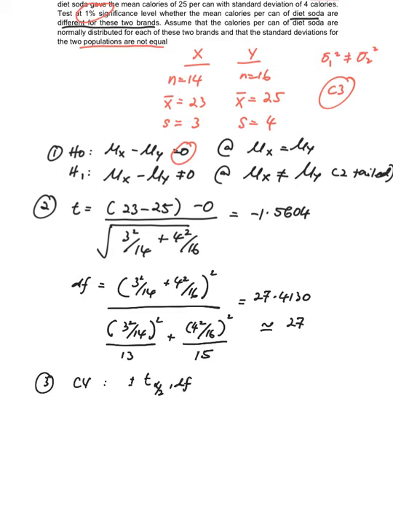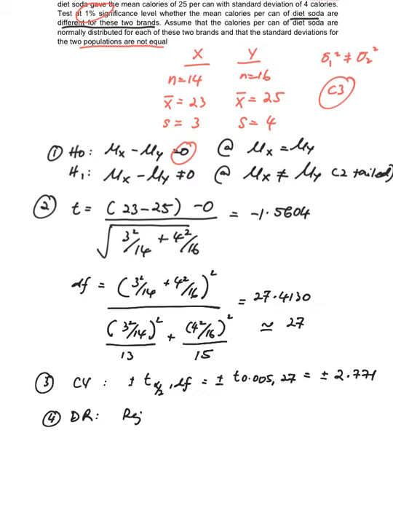Okay, which is equivalent to plus minus T 0.05, 27. So based on the T table, we get plus minus 2.771. Okay, number 4, decision rule.